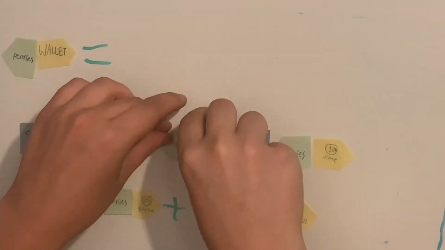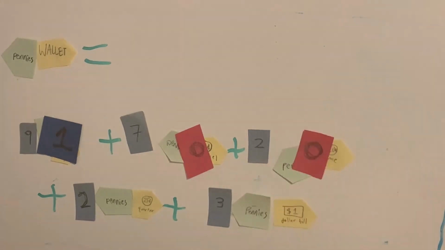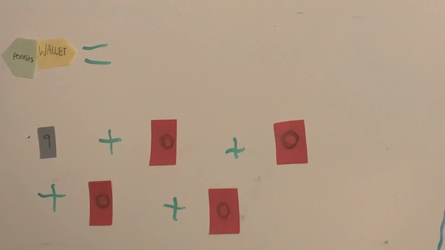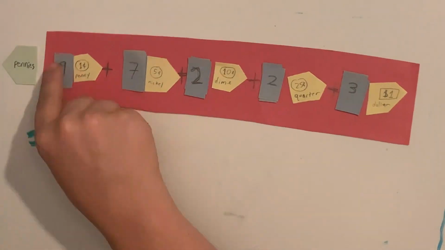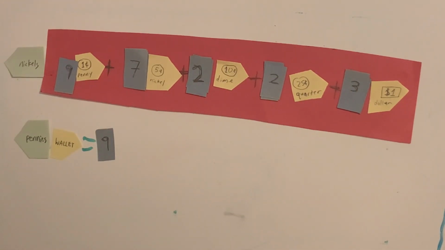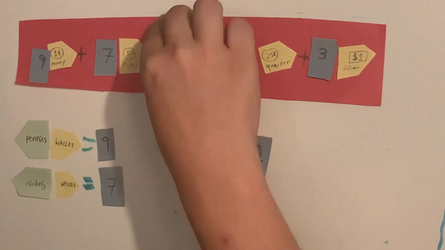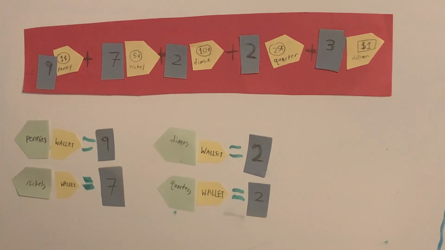And here we're showing that the number of pennies in a penny is 1, and the number of pennies in any of the other basis vectors is 0. And so that all goes to 0 except for the first one, which goes to 1. So it's 1 times 9. So there's 9 pennies. And as we can see, using pennies on this wallet gives us the number of pennies, the same with nickels, dimes, quarters, and dollar bills.